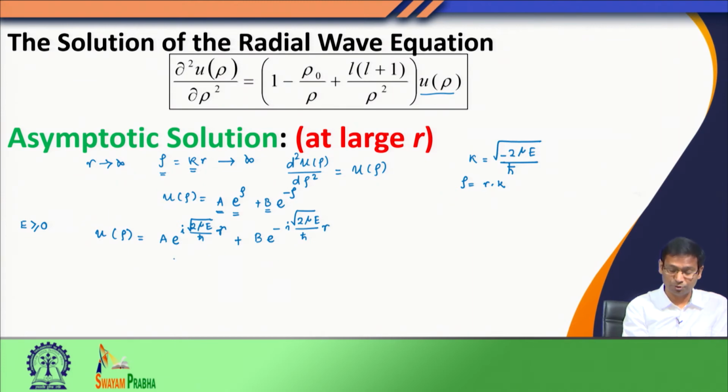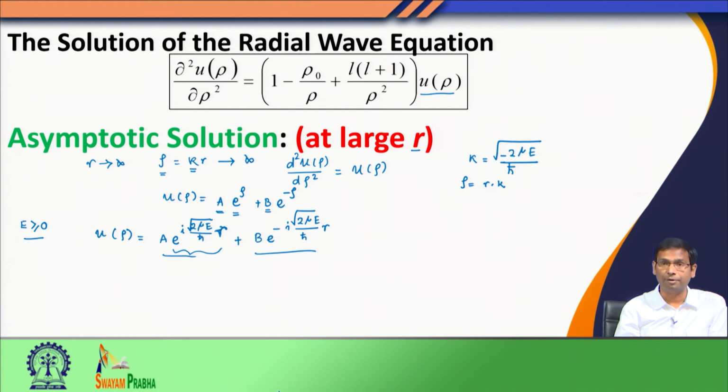So, these are the two solutions that I get when r is very large and E is positive. What do I see here? In this solution, I see that I have an e to the power i r kind of term, which can be converted to a cosine function and sine function. This cosine function and sine function, even at very large value of r, would still not become 0.